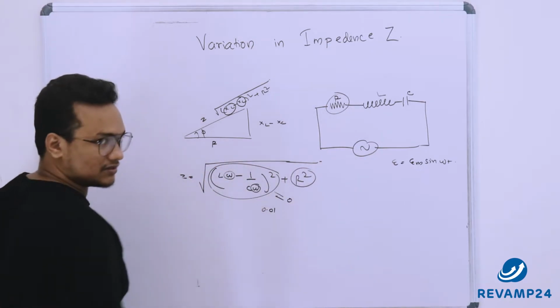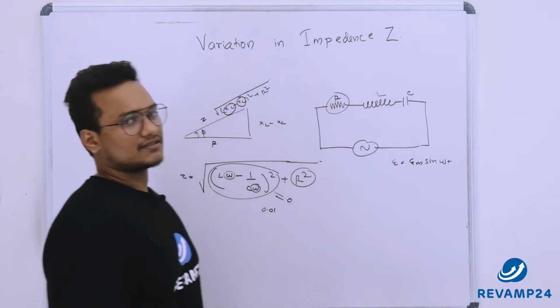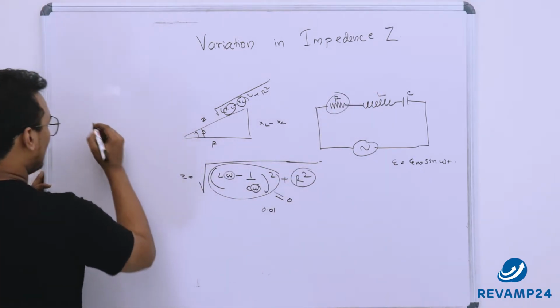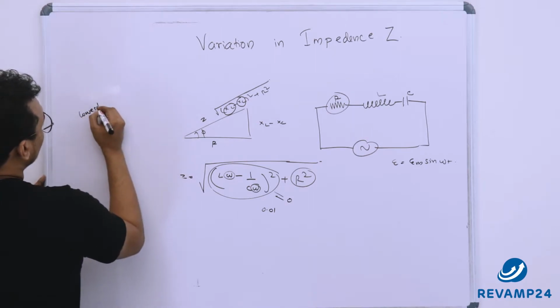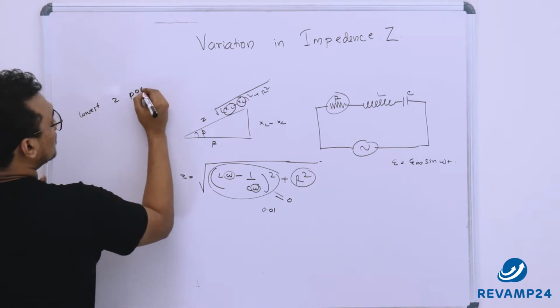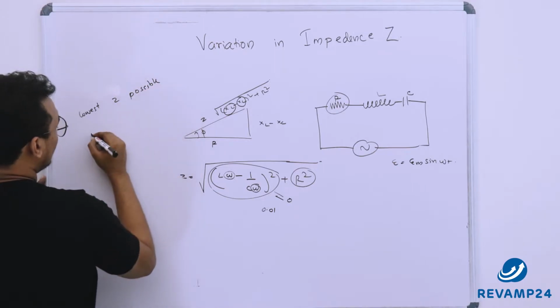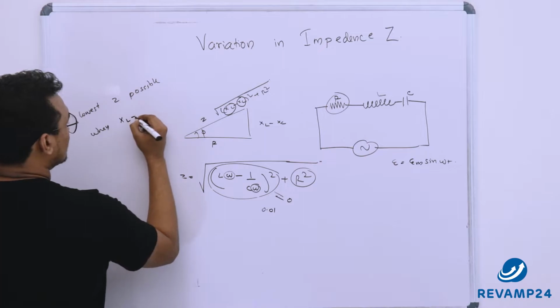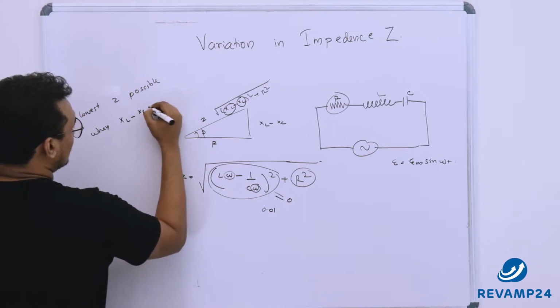The value of R cannot be 0 unless we remove resistance R from the circuit. Okay. So the lowest Z possible is when this quantity, that is XL minus XC, is equal to 0.